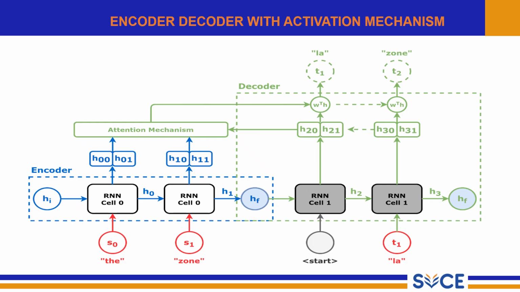So in this flow, you can see it successfully predicting the output words T1 and T2. By using attention, the model avoids the bottleneck problem of traditional RNNs, ensuring that even in long sentences, the decoder never loses track of the original input sentence.